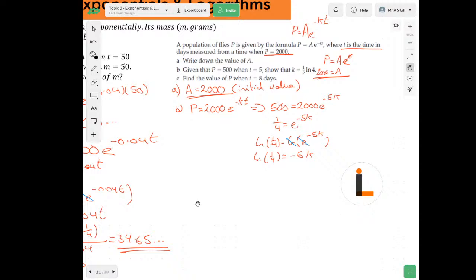So just look at this bit for part B here. We'll get minus 1/5 ln of 1/4 is equal to k.